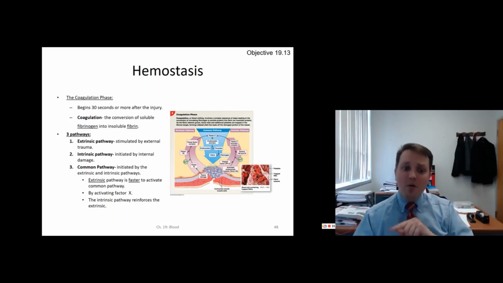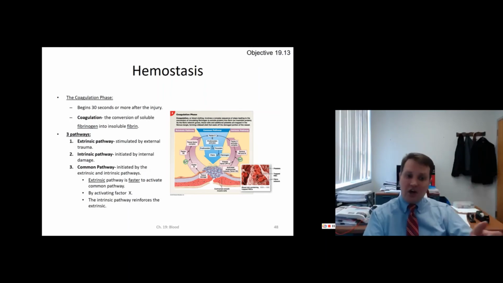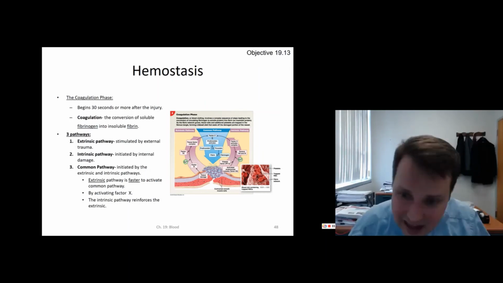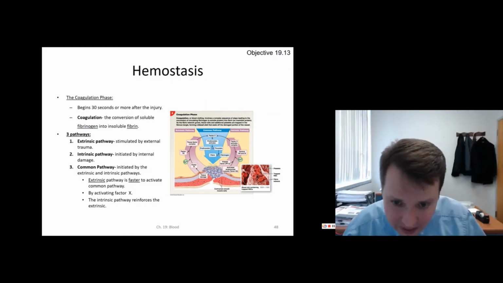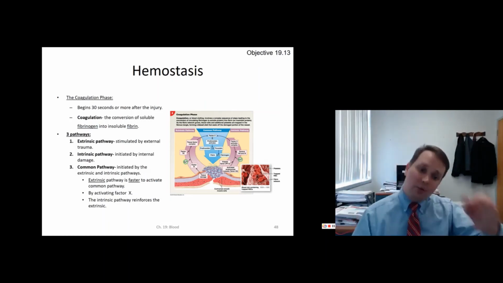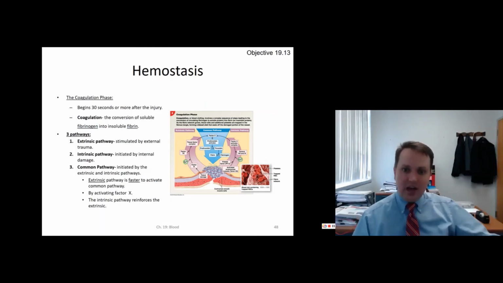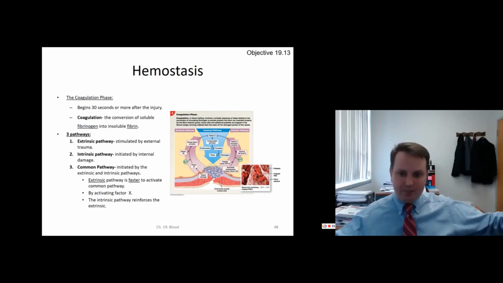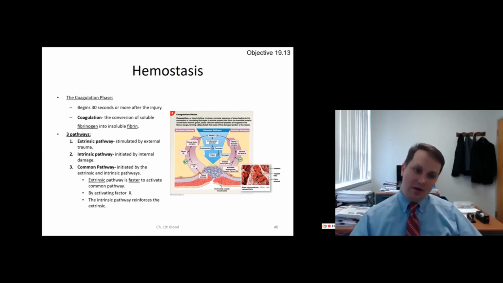Both of these initiate the common pathway, but the extrinsic is faster and easier to activate. The intrinsic is the very hard one, the really complicated one, with all the really complex pathways, the ones that are really, really annoying if you ever have to learn them, okay?